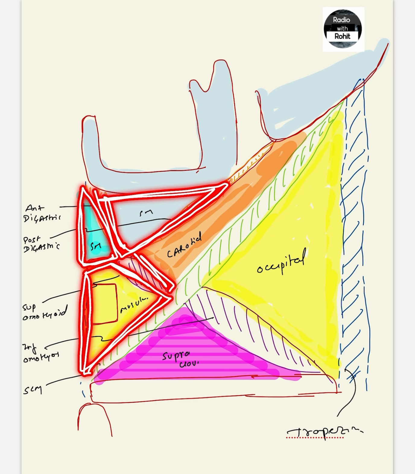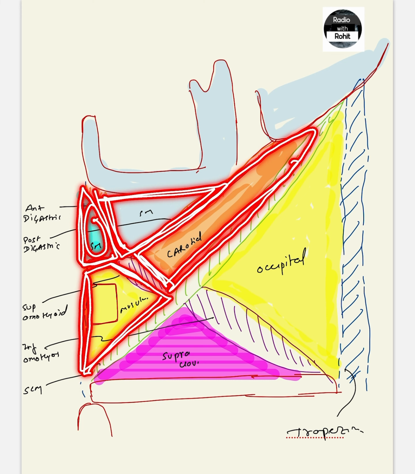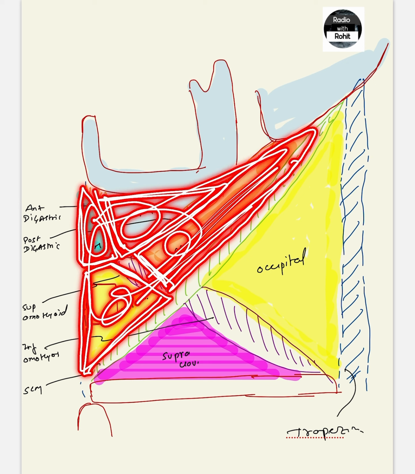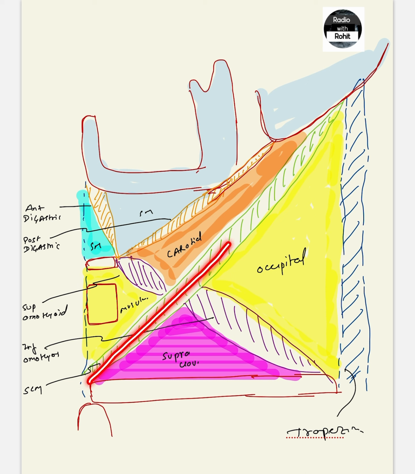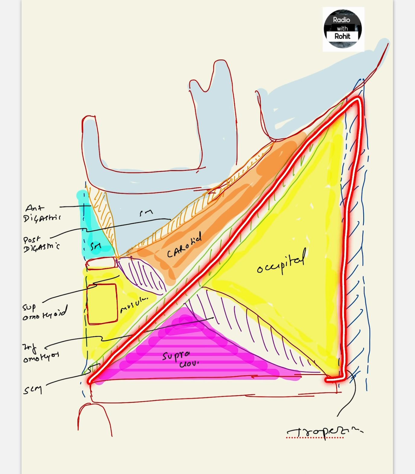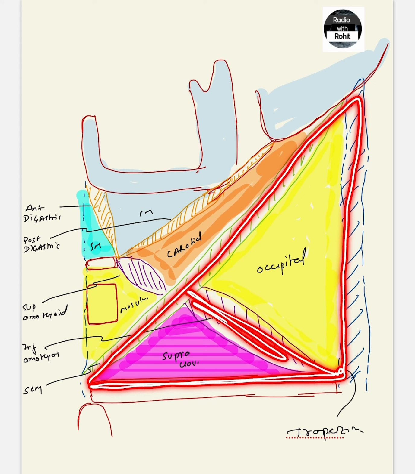The superior belly of the omohyoid and the medial and superior part of the sternocleidomastoid form the carotid triangle. So the submental, submandibular, carotid, and muscular triangles form our anterior triangle of the neck. The sternocleidomastoid, trapezius, and clavicle form the posterior triangle, which is divided by the omohyoid.